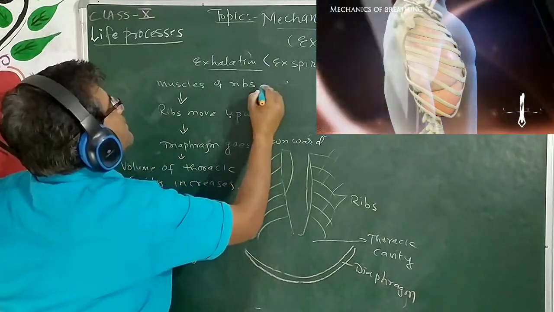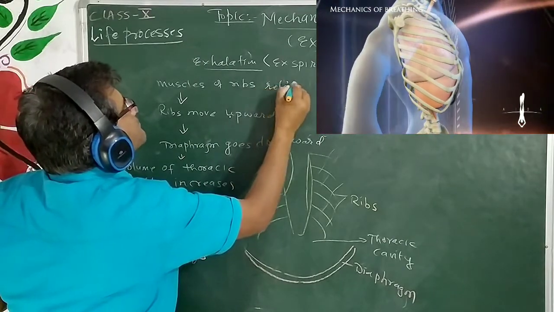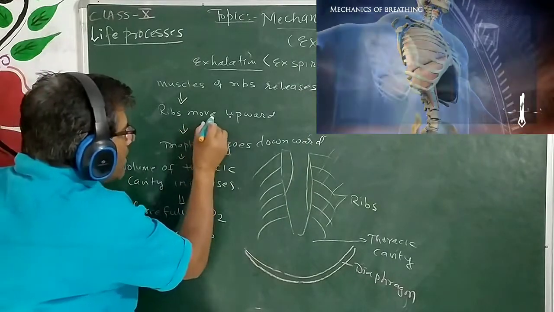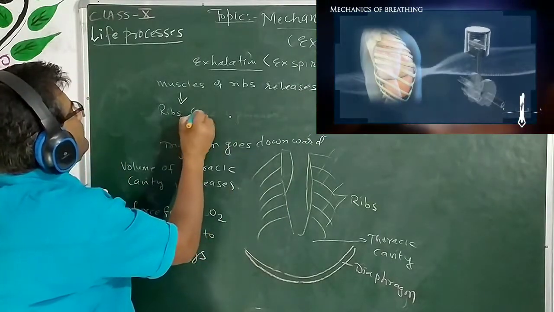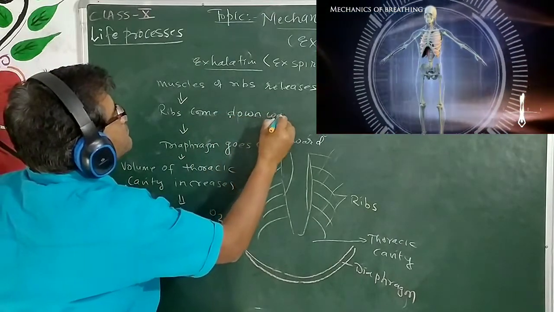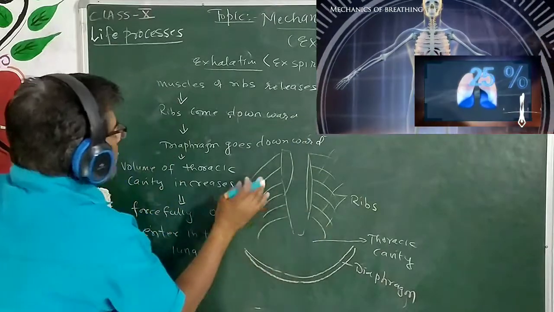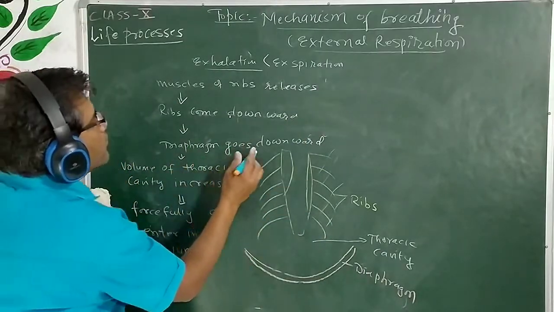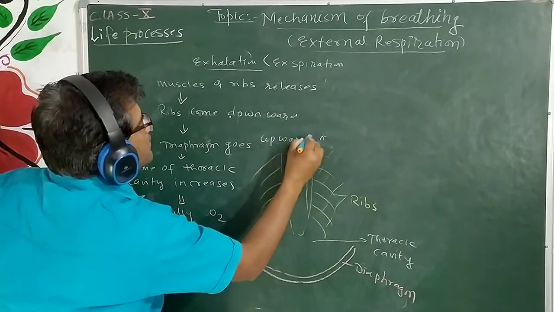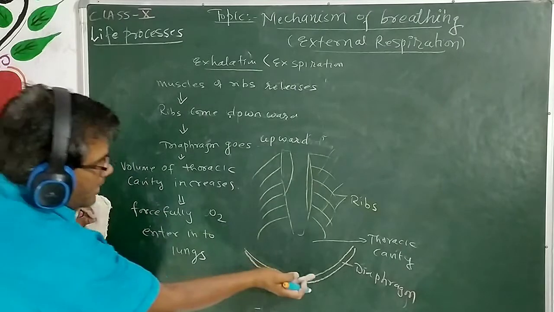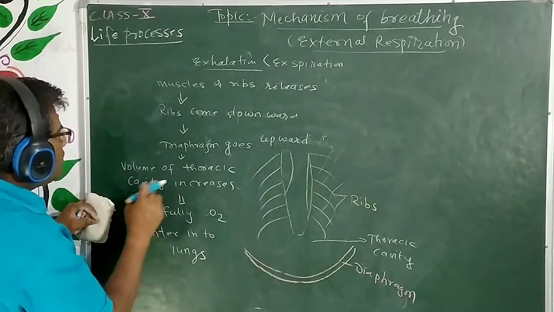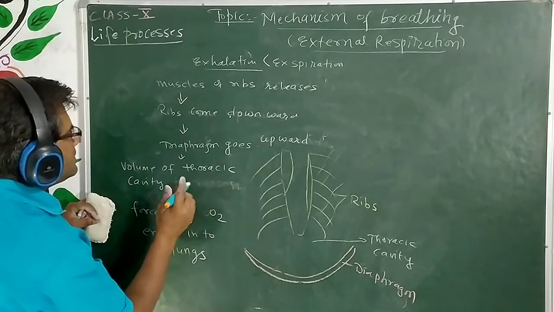When the muscles of the ribs relax, the ribs come downward, or lower. The diaphragm goes upward. If the diaphragm goes upward and the ribs come downward, the volume of the thoracic cavity decreases.